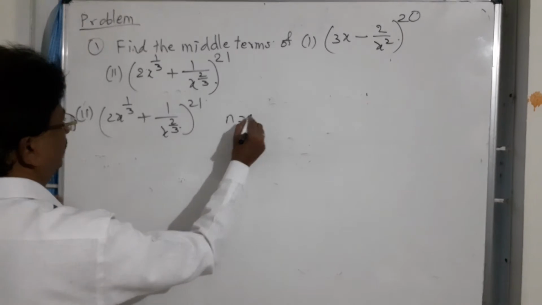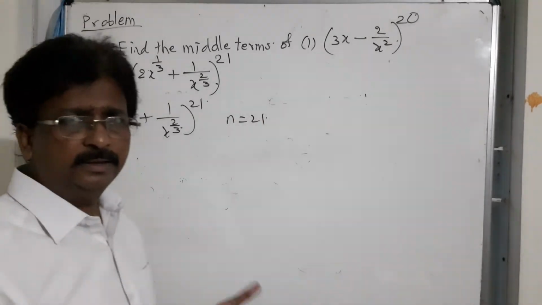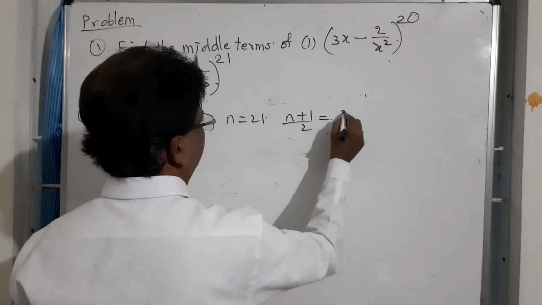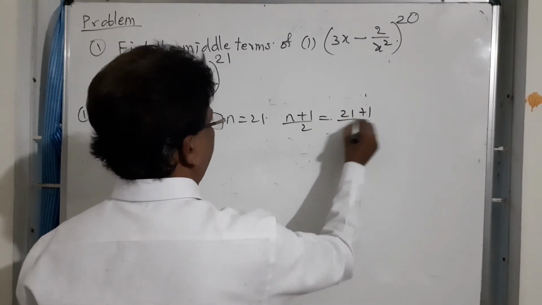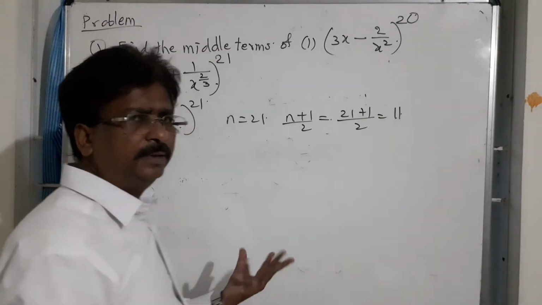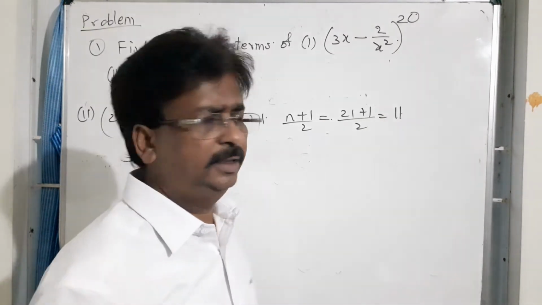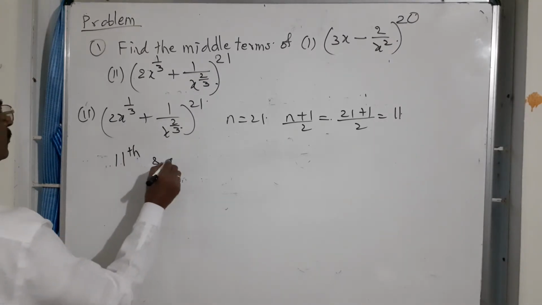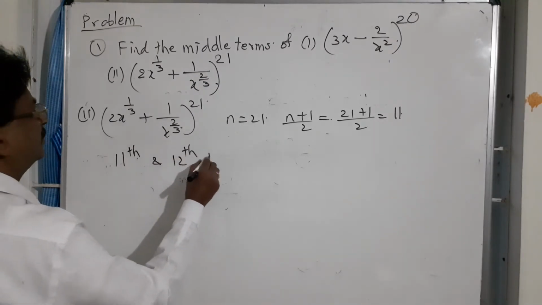Here n is equal to 21, it is odd. Therefore, the term (n + 1)/2 is (21 + 1)/2, 11. And the next, the 12th term, no need to find (n + 3)/2. Therefore, the 11th and 12th terms are the middle terms.